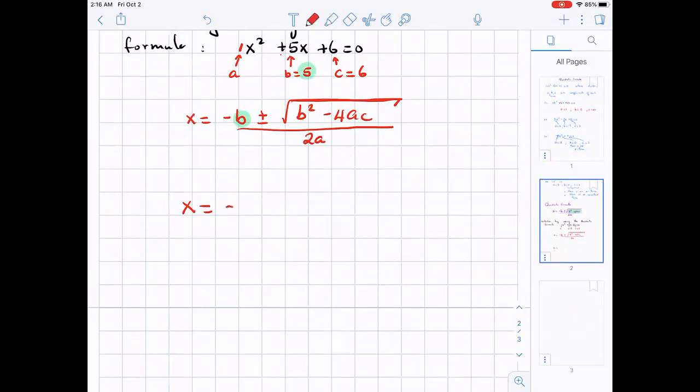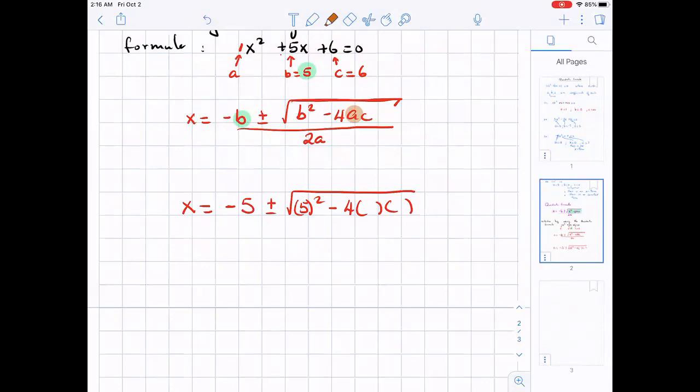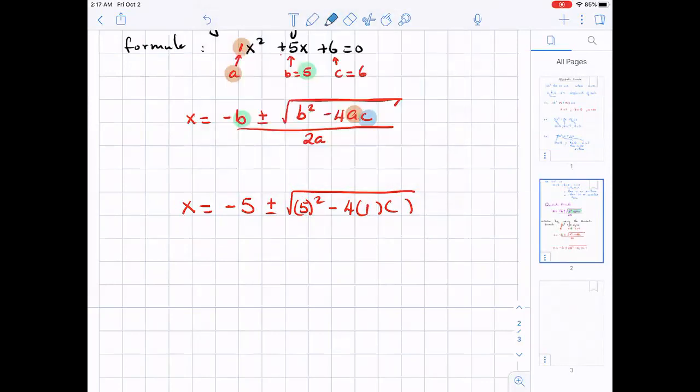So we have minus 5 plus or minus the square root of 5 squared minus 4, and I put these in parentheses. So a we know is 1. And c we know happens to be 6.